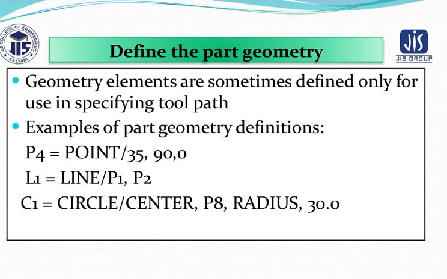There are approximately 400 words in the APT vocabulary, and the operation of developing a program in APT has the following sequential steps. The first thing is labeling the part.